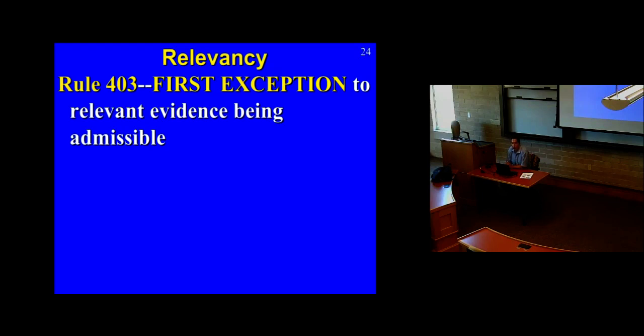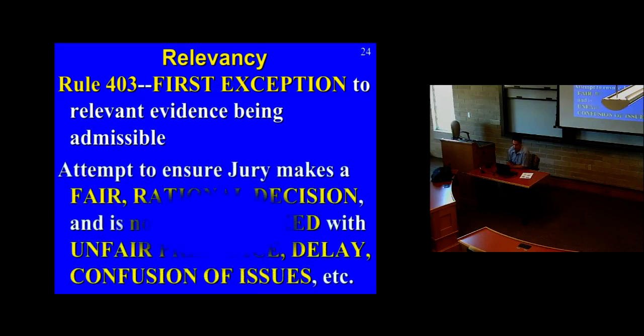Okay, Rule 403. This is our first exception to Rules 401 and 402. 401 requires that it's relevant evidence. 402 simply says that irrelevant evidence will be inadmissible. So when we get to Rule 403, what does that say?